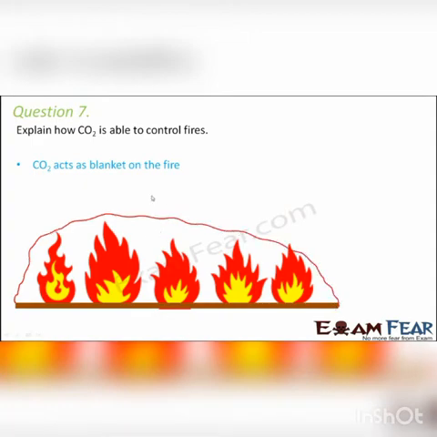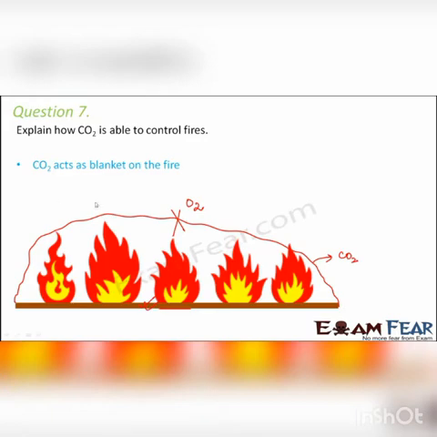So basically it cuts the contact. This blanket is the blanket of carbon dioxide, and you have oxygen here. So the contact of the substance with the oxygen is lost due to the formation of a blanket of carbon dioxide in between them. Since the supply of oxygen is lost, combustion does not take place, because for combustion oxygen is an important criterion.